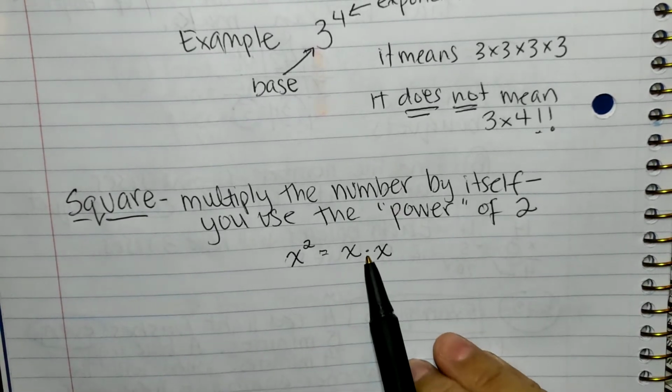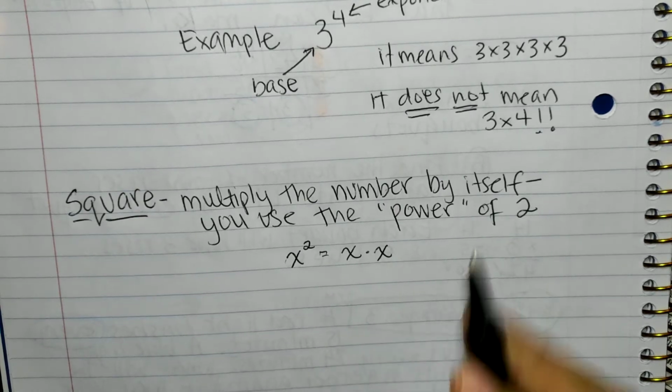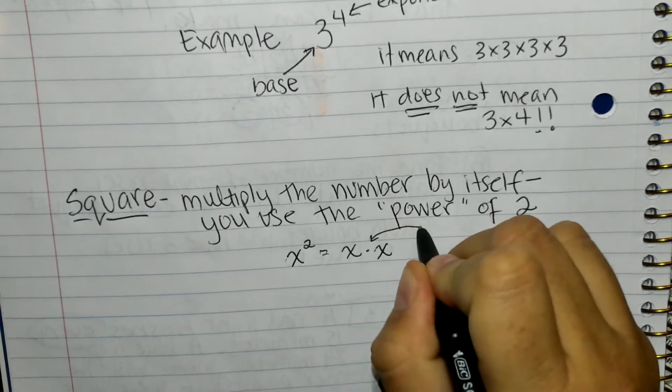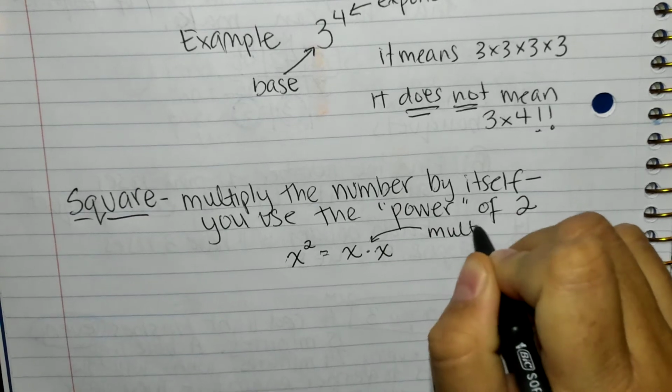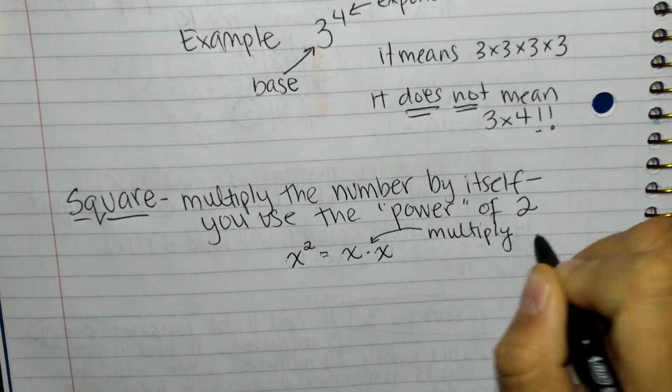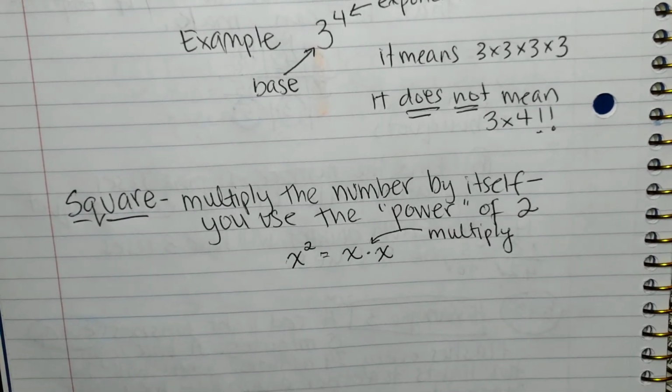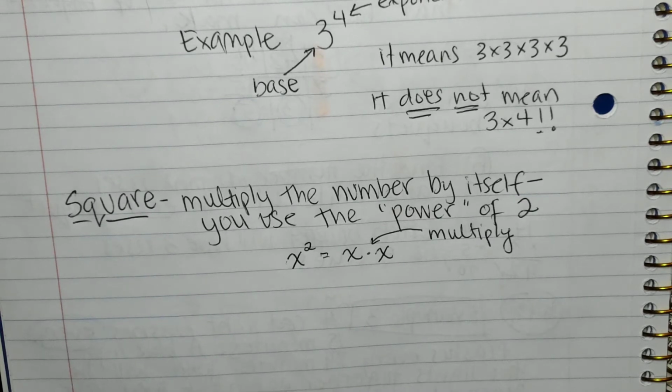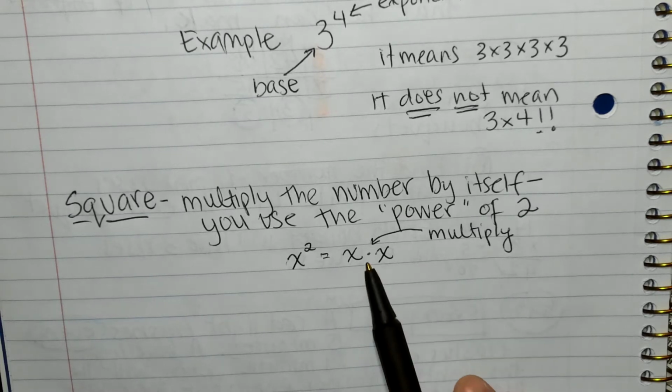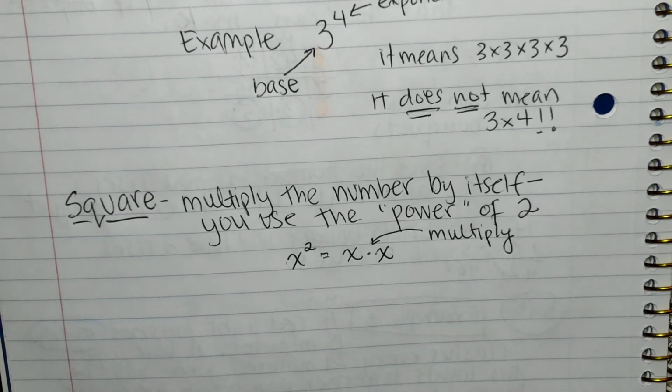And this little dot here is a multiplication sign. And as we get into more algebra, especially closer to the end of the year, we're going to stop using the multiplication sign, because that's what algebra looks like. Sometimes we'll use a little dot, and sometimes we won't use anything at all.